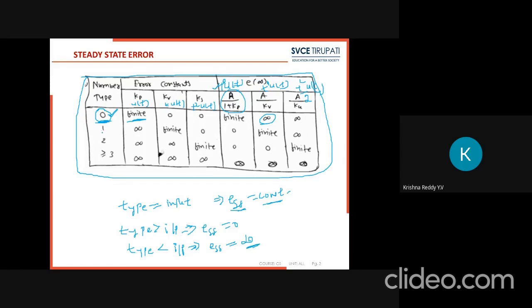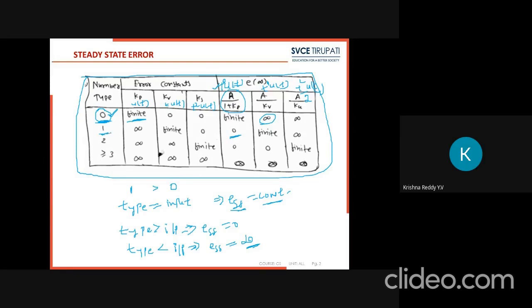Suppose you have a type 1 system supplied with a unit step input. It is t power 0 into u of t, where type is 1 and its input is 0. Since 1 is greater than 0, the steady state value is 0.